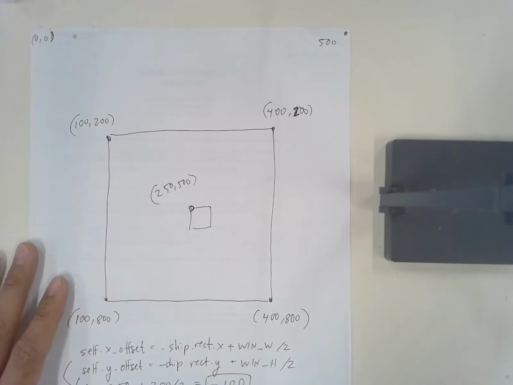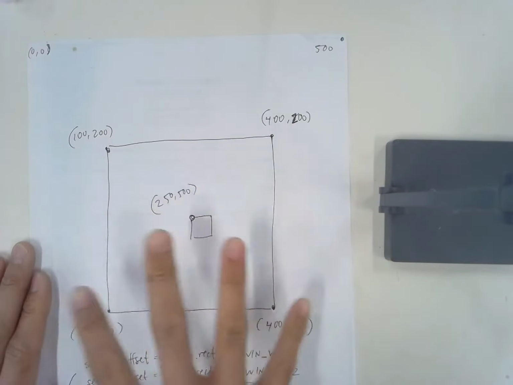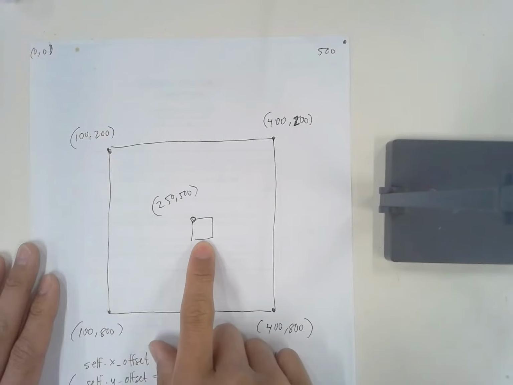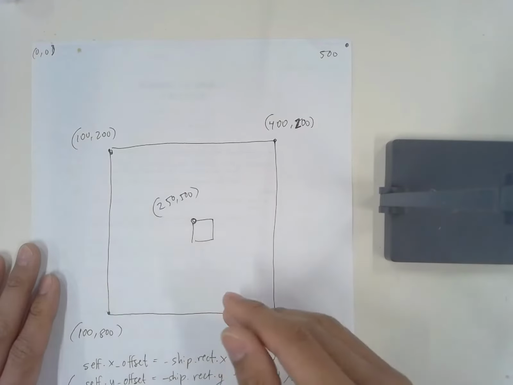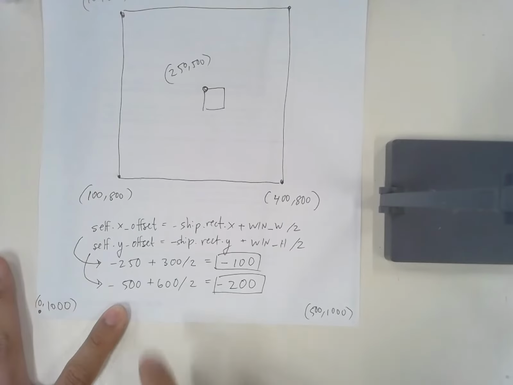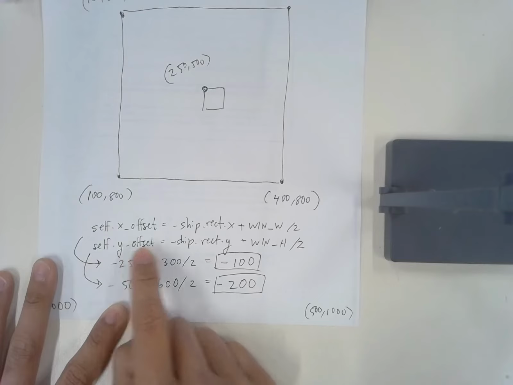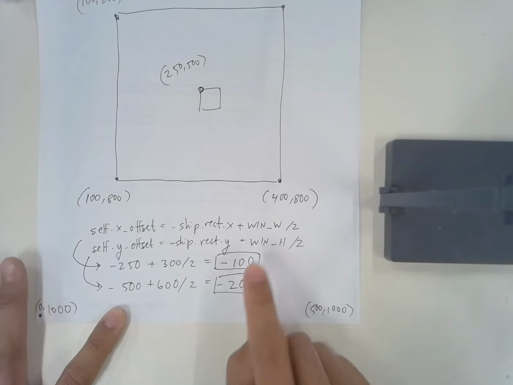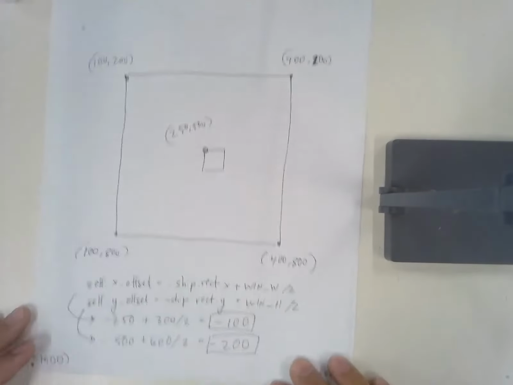And if you run the update method, which is happening every iteration of the game loop, it takes in the ship, and based on the ship's rect, it calculates the x offset and the y offset. And this here is the calculation. X offset is equal to this expression. Y offset is equal to this expression, with win W and win H being the width and height of the inner window, right?